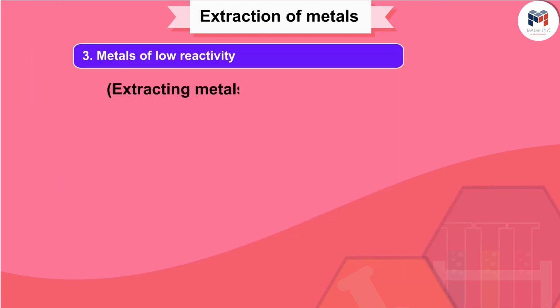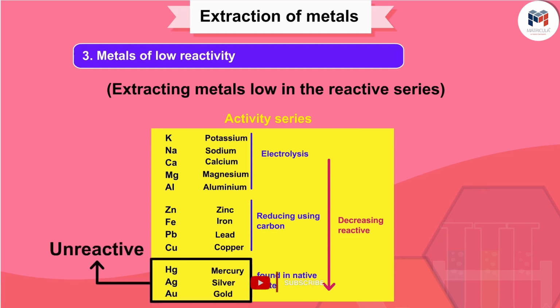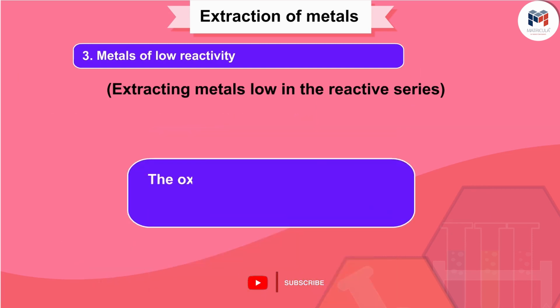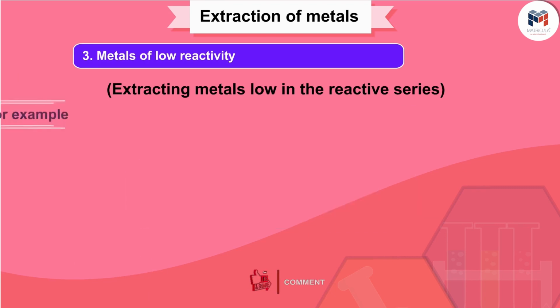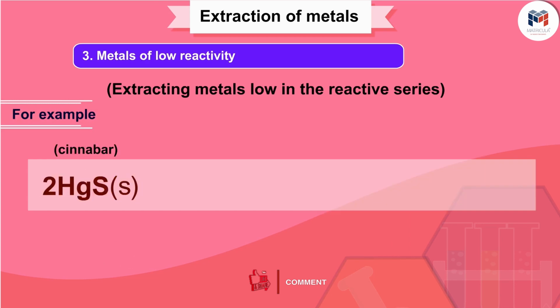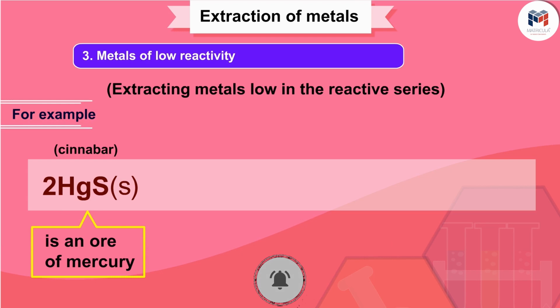Extracting metals low in the reactivity series. Metals low in the activity series are very unreactive. The oxides of these metals can be reduced to metals by heating alone. For example, cinnabar, HgS, is an ore of mercury.